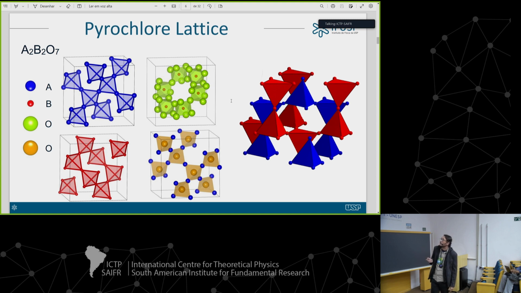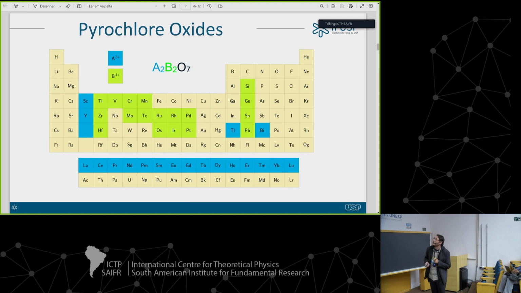I'm showing in the different drawings the oxygen positions. There are 2 inequivalent oxygen positions in the pyrochlore lattice. I'm showing them here, the green one and this orange. And here are some of the examples of materials you can make in this family, the pyrochlore family.